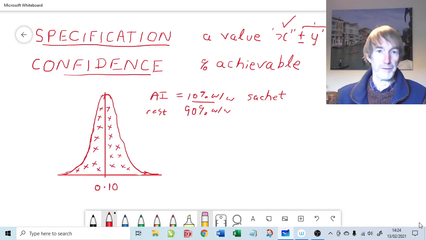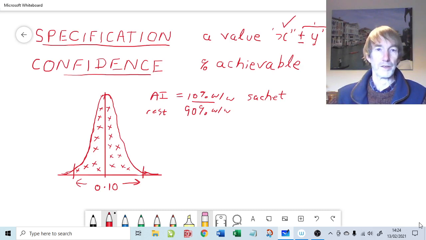Now, if we have a specification that is plus or minus, then we might have 10% plus or minus some value that gives us a range. And then when it comes to a confidence, are we going to be within that range?